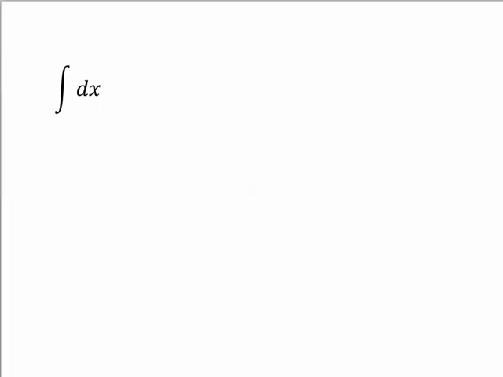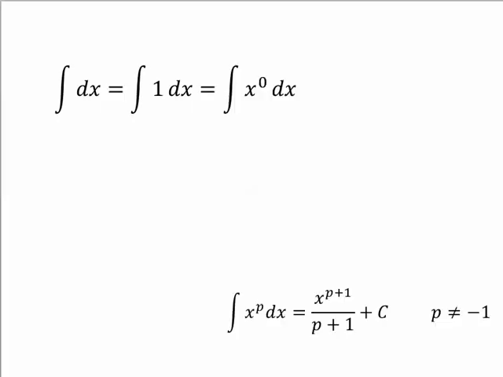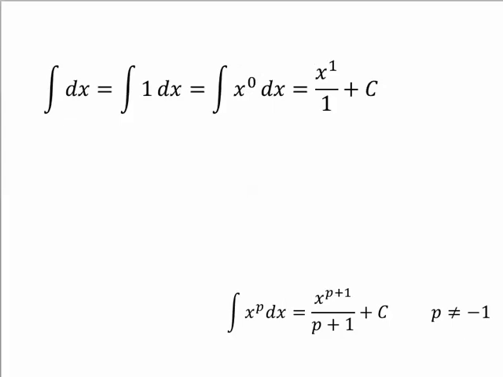Now, here we just have the antiderivative of, well, of what? Well, of 1. The antiderivative of 1, and then all you have to remember if you're going to use the power rule, is that 1 is equal to x to the 0. So I get x to the 1 over 1 when I do the antiderivative, and that's just equal to x.